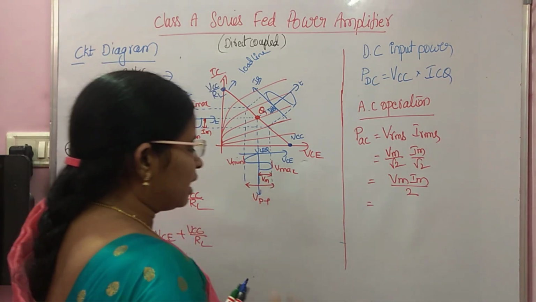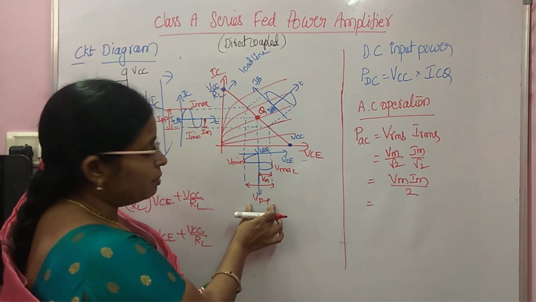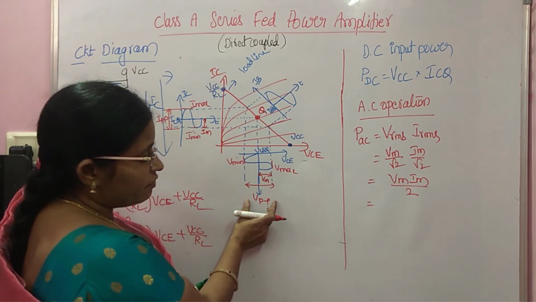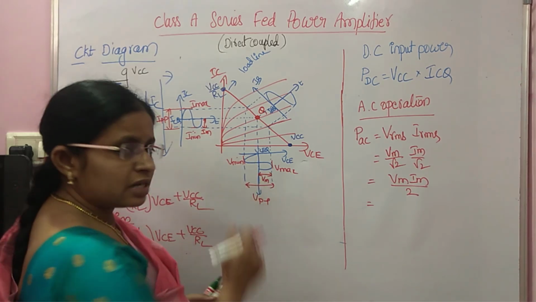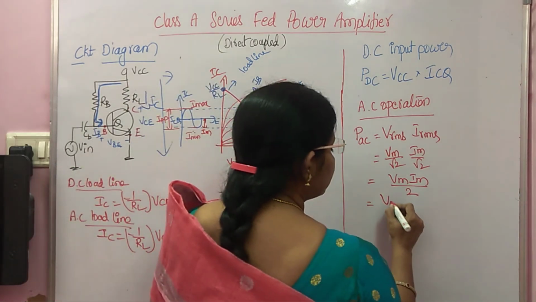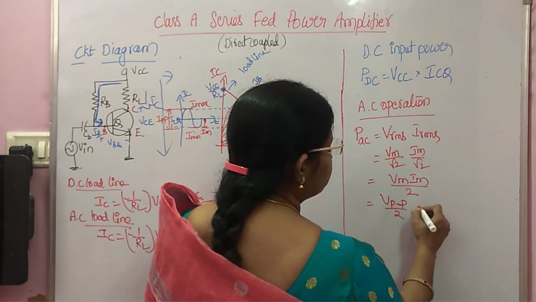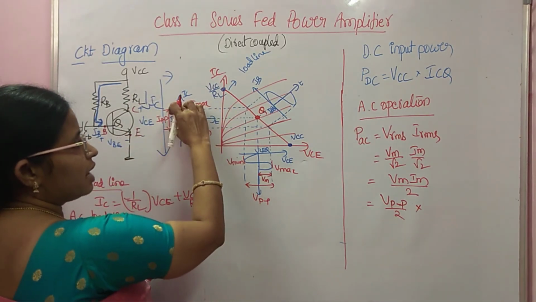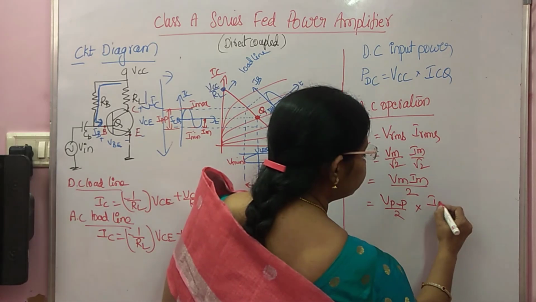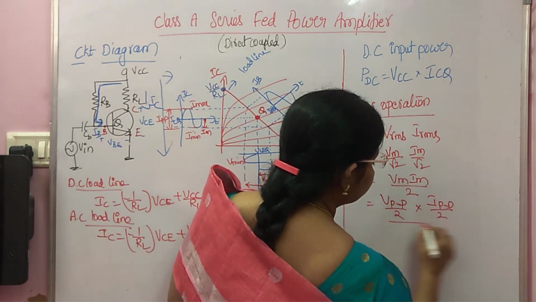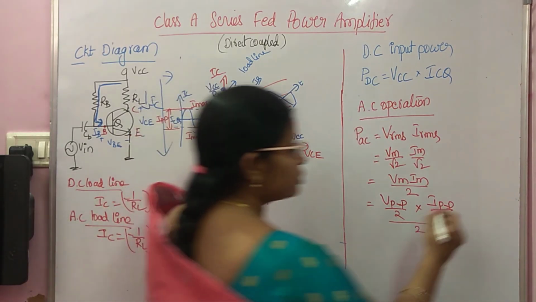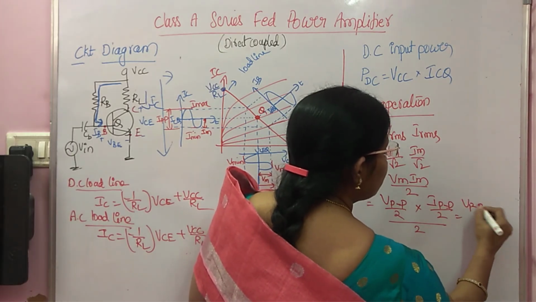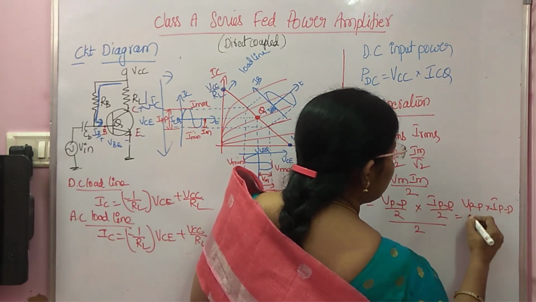Vm in terms of V peak to peak is V peak to peak by 2, and Im is I peak to peak by 2. So in total it is V peak to peak into I peak to peak by 8.